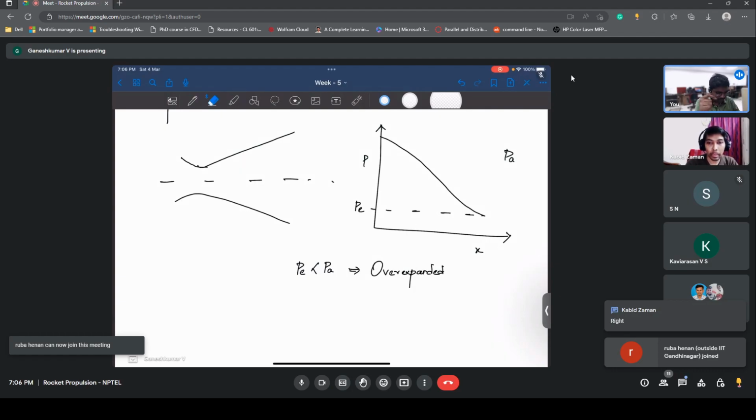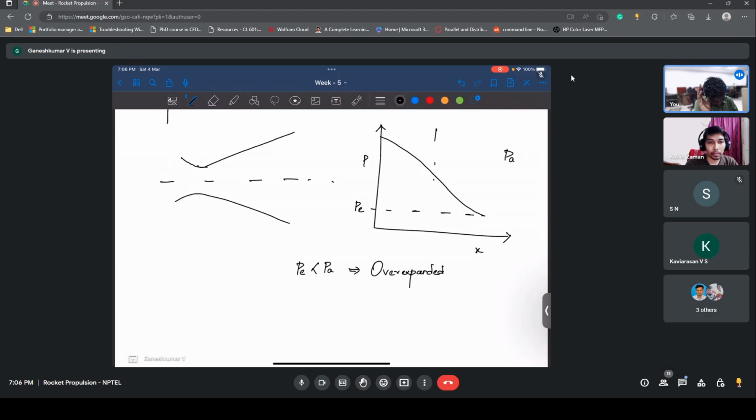So what happens at the divergent portion? This is at Mach number equal to 1, the throat. In the divergent portion, it is a supersonic flow, so basically you don't know the downstream condition. There is a sudden high pressure, let's say this is PA, ambient. You should expand till P exit, but the ambient pressure is PA.